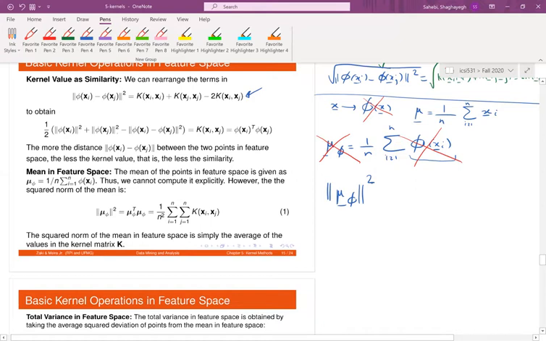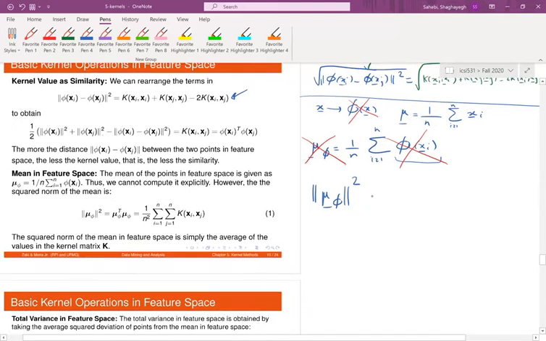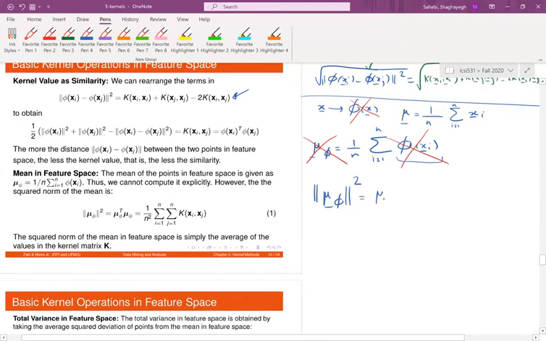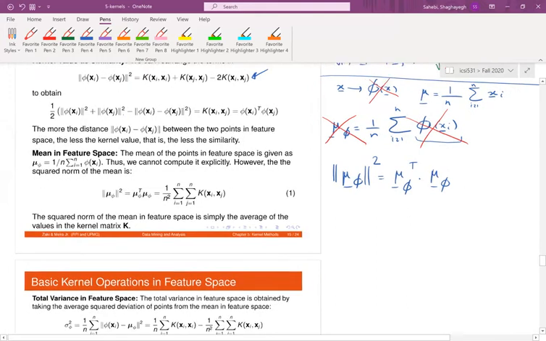Let's see. If I want to calculate this new thing, which is the norm of my mean data point, I can rewrite this like that. This is actually equal to our mean transpose mean, right? Okay.